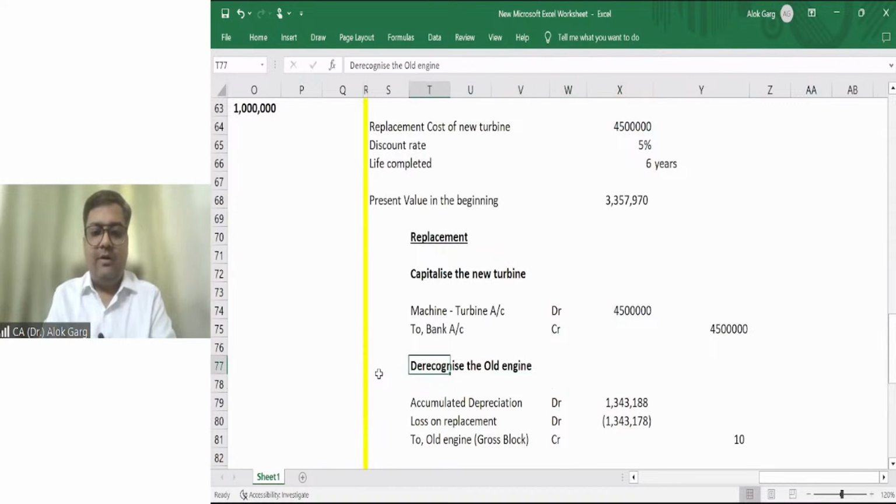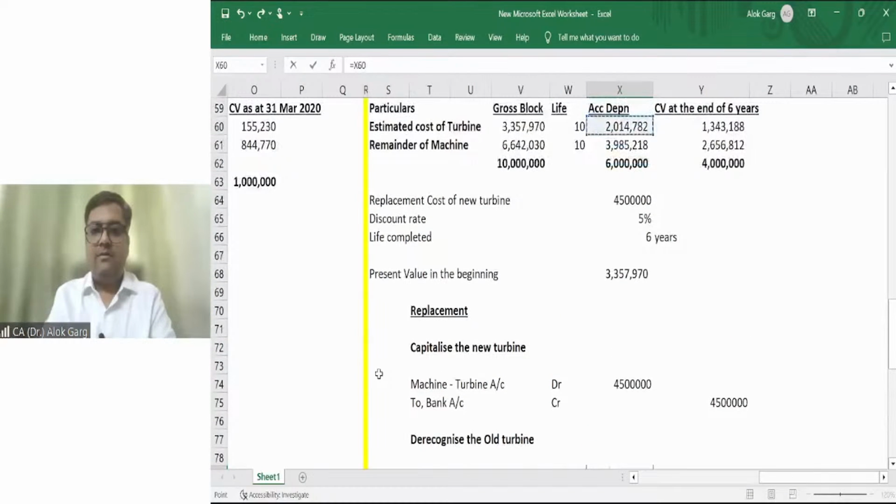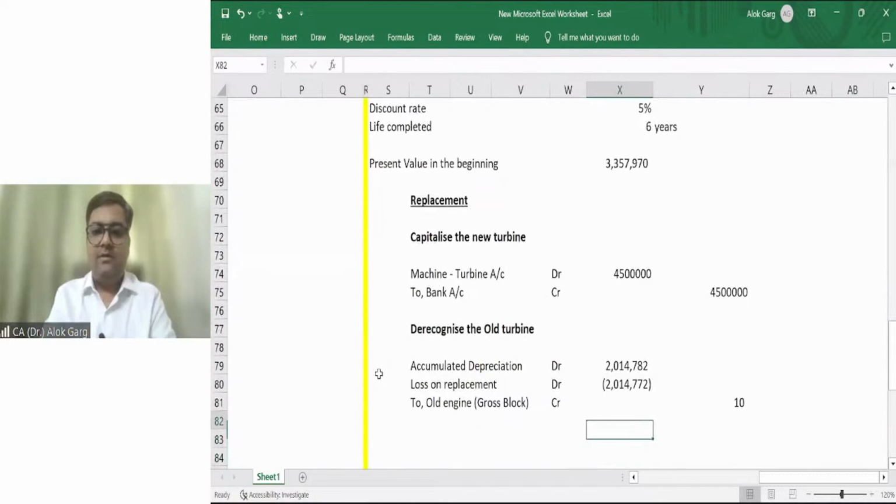Then derecognize the old turbine. What is your accumulated depreciation? This much. What is your old turbine gross block?